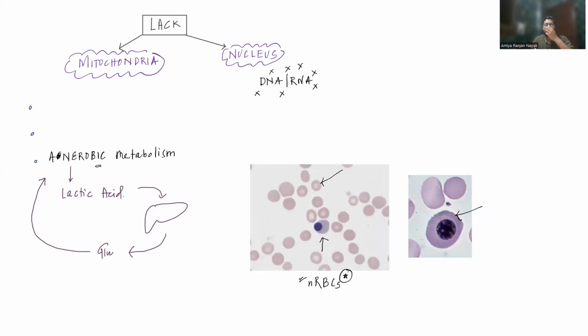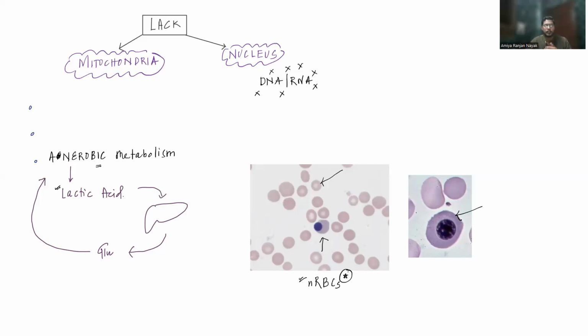Anaerobic metabolism is your glycolysis. And what is the end product of glycolysis? You must be knowing that it is pyruvate. But if you do not have mitochondria, this pyruvate cannot go for the Krebs cycle, which happens inside the mitochondria. If pyruvate cannot go for the Krebs cycle, it will be converted to lactic acid. So the end product of anaerobic metabolism is lactic acid.